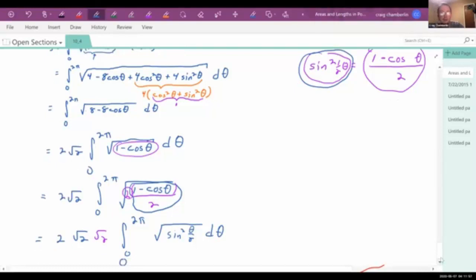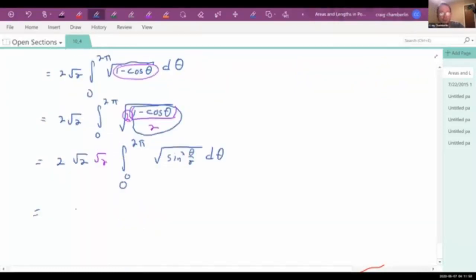So this is 4 out front, integral 0 to 2 pi, and then we'll have sine of theta over 2 d theta, which is easy enough to evaluate, because I'm out of time. You'll end up getting a really nice number, 16, if you evaluate that integral.